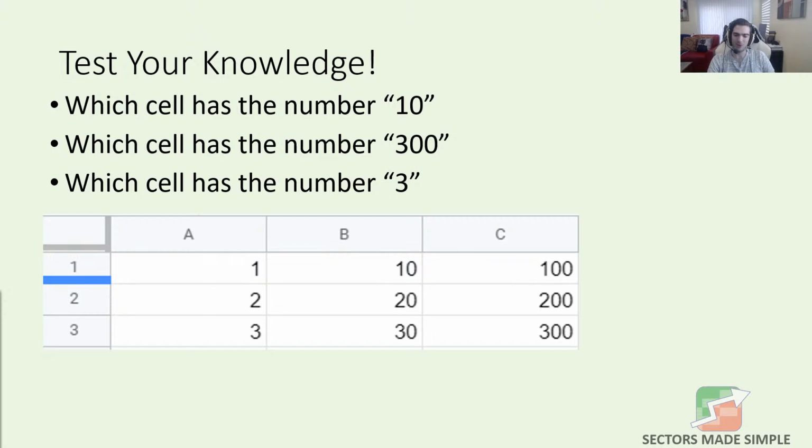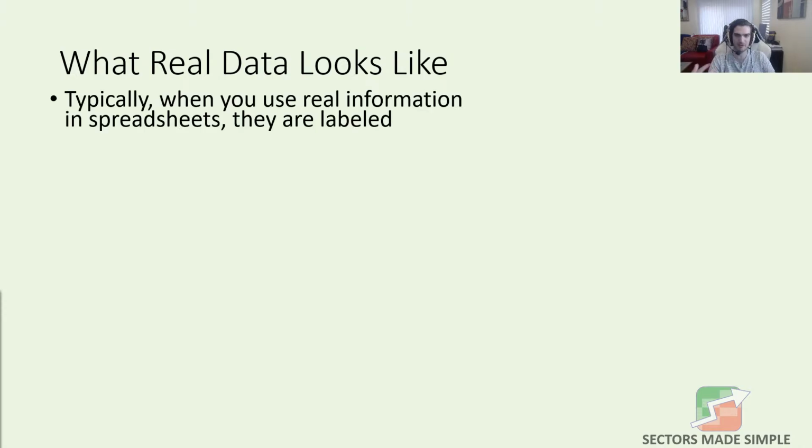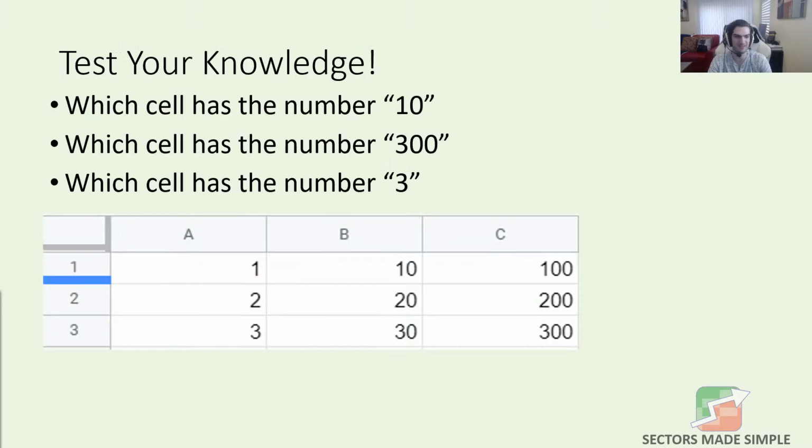Now that we know what a table or what information looks like in a spreadsheet, let's do something real. Let's talk about some real information that you may see. Typically, when you get information, it's not just going to be messy like this.